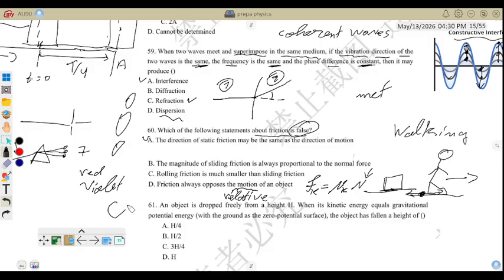That's why we actually use tires, not sliding the objects on the surfaces. So the friction here is smaller than that. That's why we use rounded or circular shapes of tires to move faster.